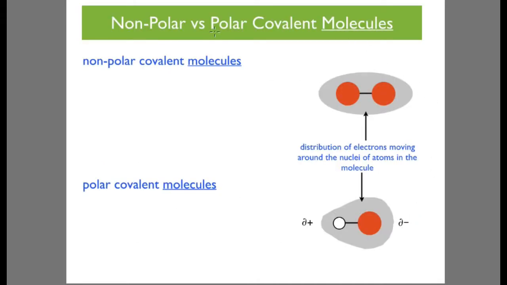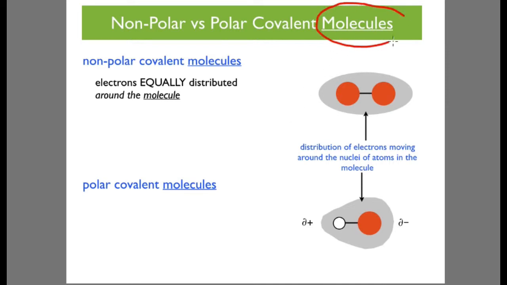But we also have non-polar versus polar covalent molecules. In non-polar covalent molecules, the electrons are equally distributed around the molecule, and there are no dipoles present on the molecule.